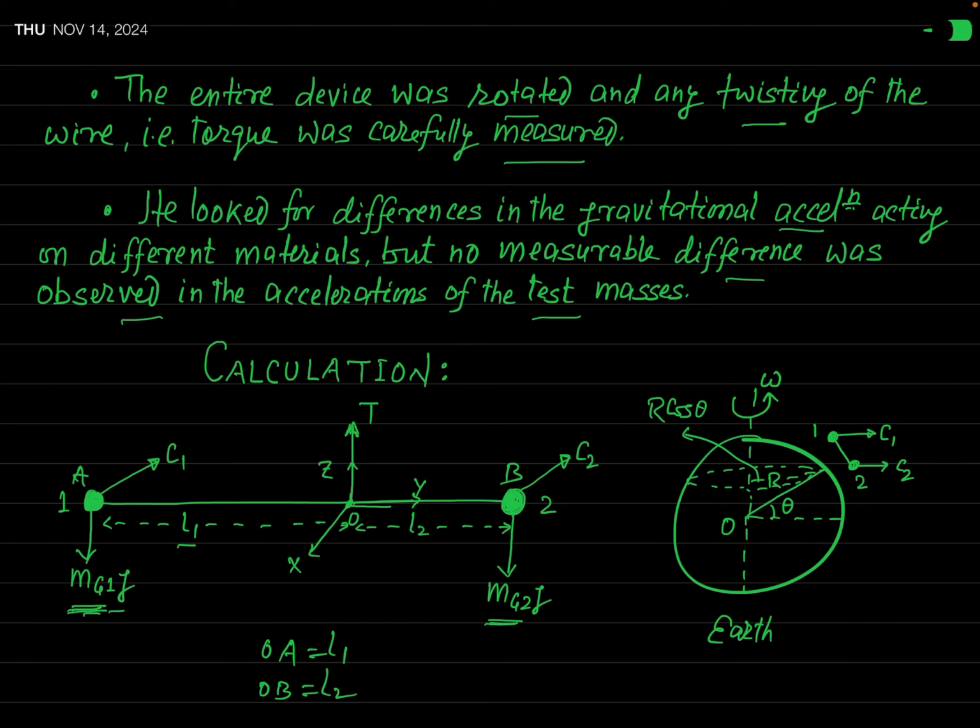So in Earth's frame, these objects will also experience a fictitious force, that is the centrifugal force. For this, let us see here, I have shown in this figure, this is your Earth, and let us consider the two masses 1 and 2 are here.